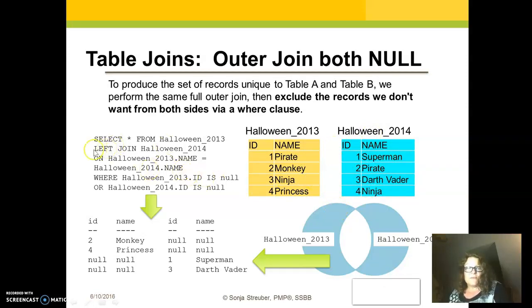So here we're performing a left join, but we're saying where Halloween 2013 ID is null or the Halloween 2014 ID is null, which means that we're getting only the monkey and the princess from Halloween 2013 and Superman and Darth Vader from Halloween 2014.